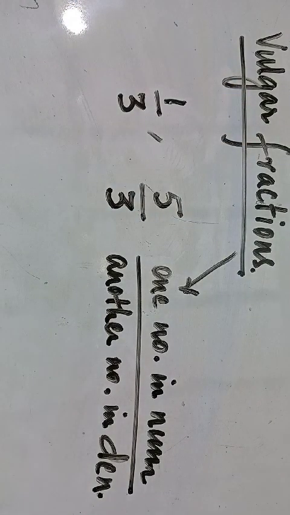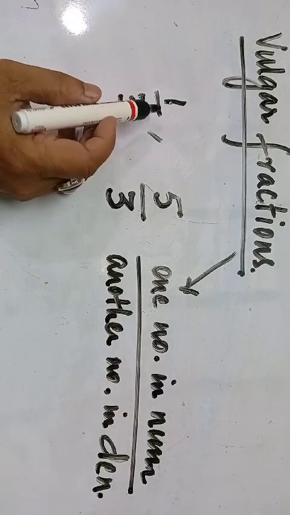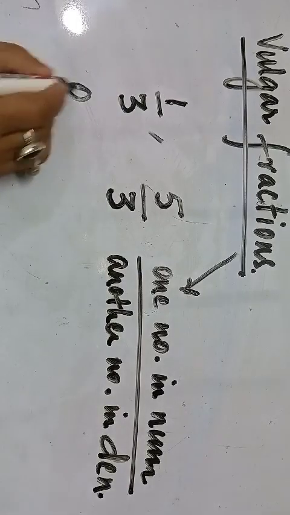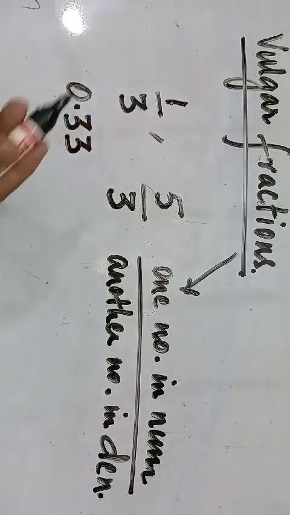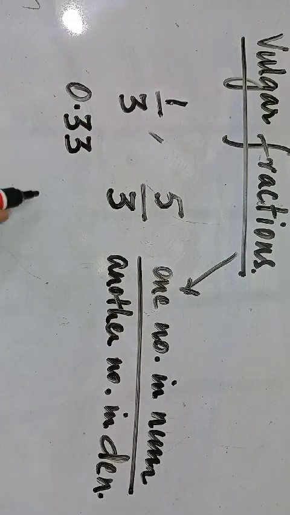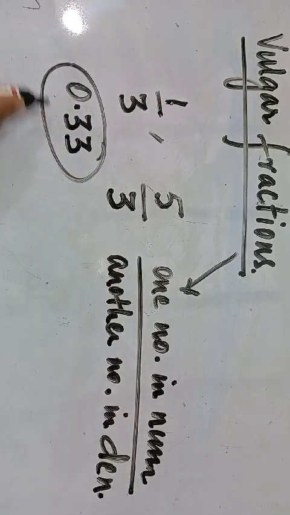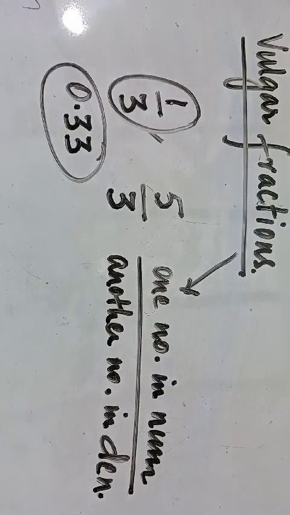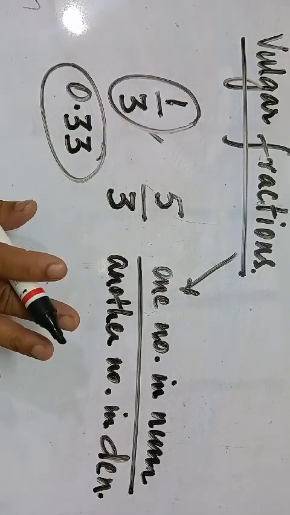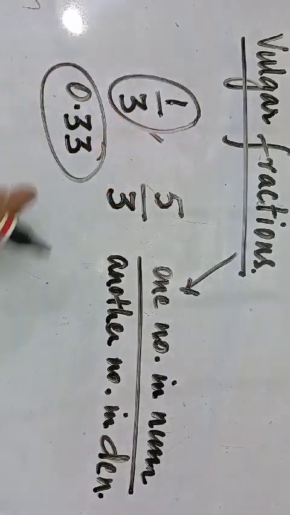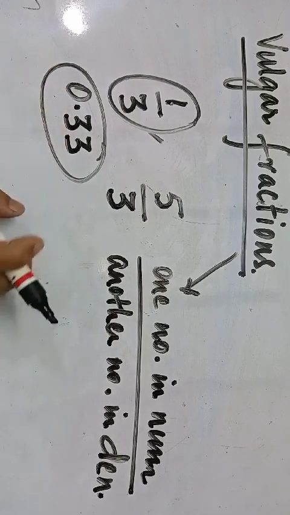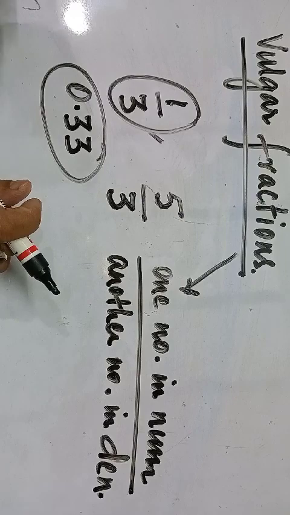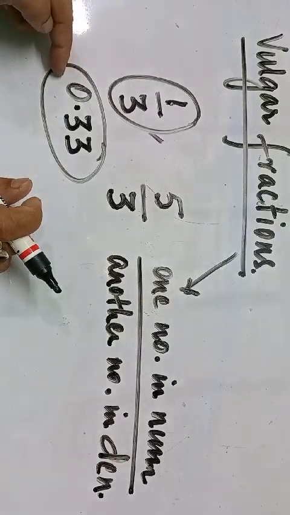But if somebody writes 1 by 3 as 0.33, because if you divide 1 by 3 you get 0.33, is this number any different from this number? Not in value. The values of 1 by 3 and 0.33 are the same. But they are different in the way of writing them.